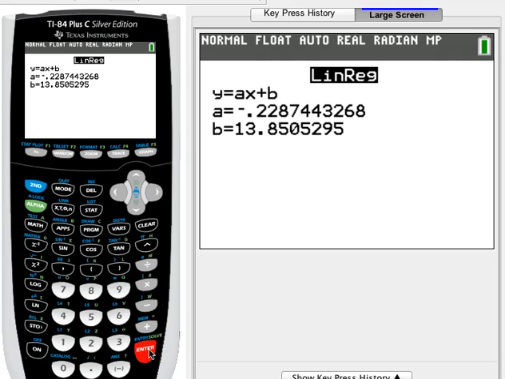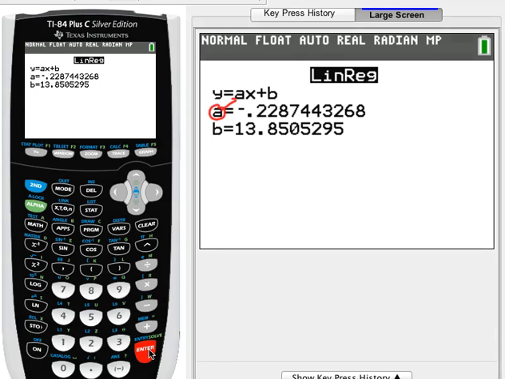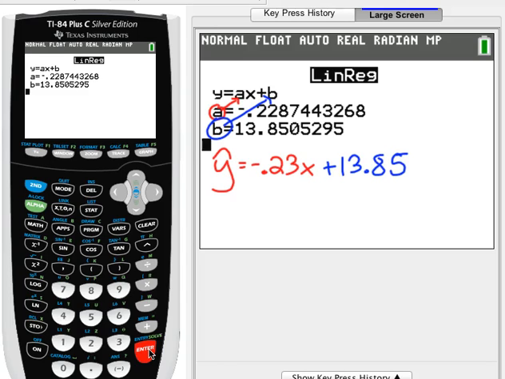Here is your information. The number with your x is going to be your slope. This one, which is by itself, is your y-intercept.